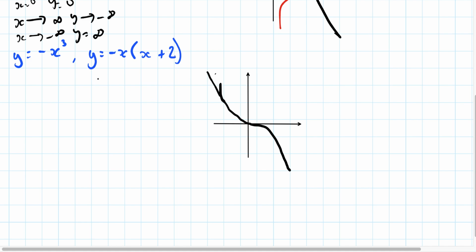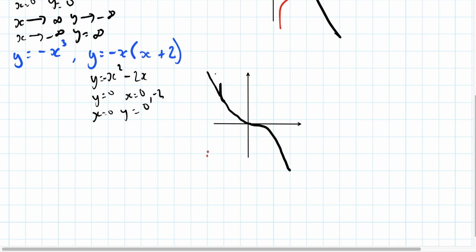So we have y equals minus x squared minus 2x. That's the graph I'm going to draw. Again, when y equals 0, x equals 0 and minus 2, and when x equals 0, y equals 0, so that'll be the y-intercept, and it's a negative x squared graph, so it's going to look like this.